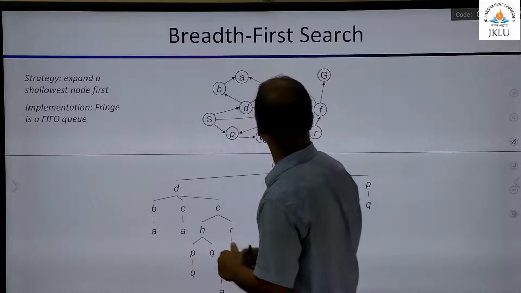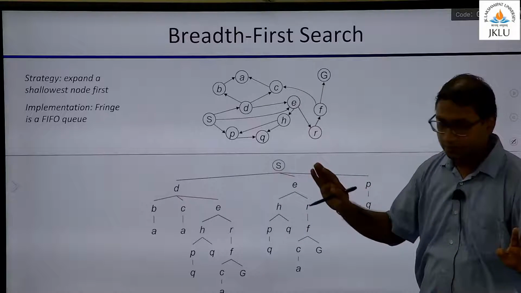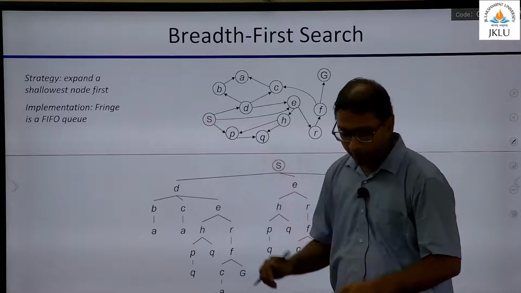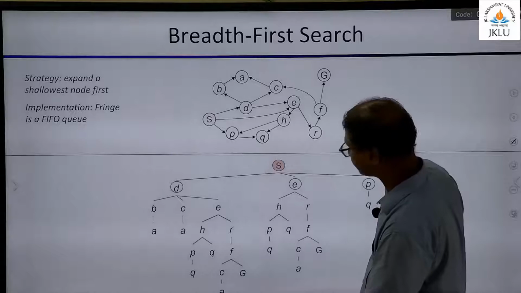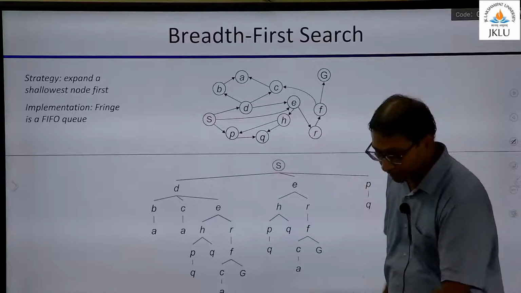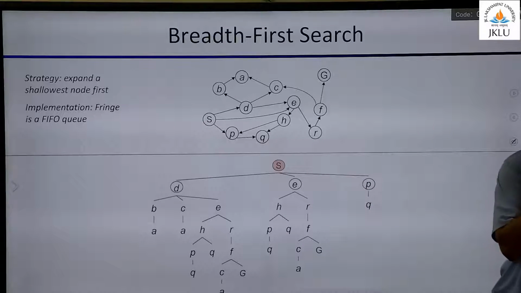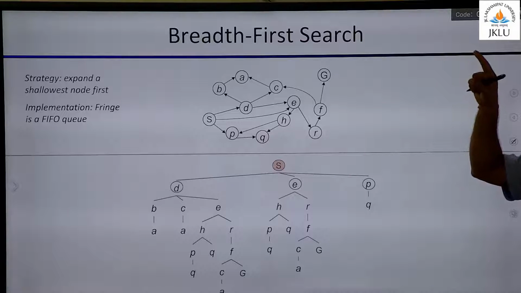So this is the tree corresponding to this. We have done this before. Okay, so how will BFS work in this case now? See, I start. Right now the algorithm has not started. Now what happens? S was there in my fringe initially.